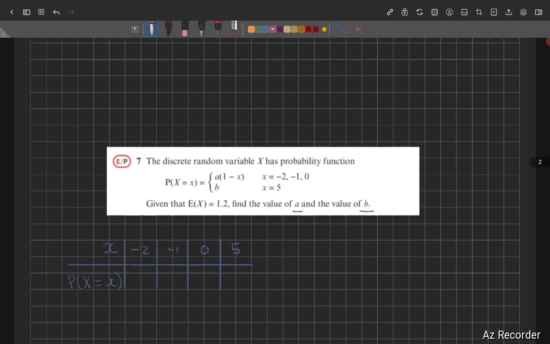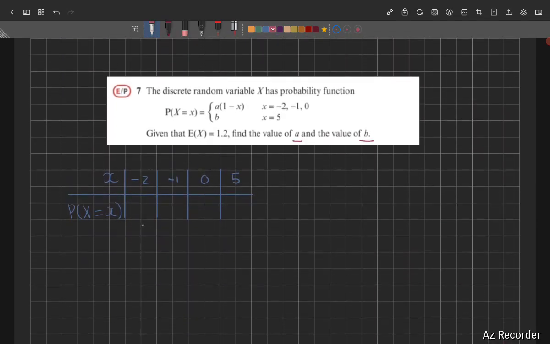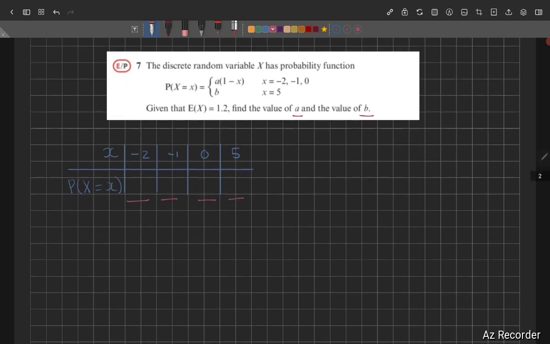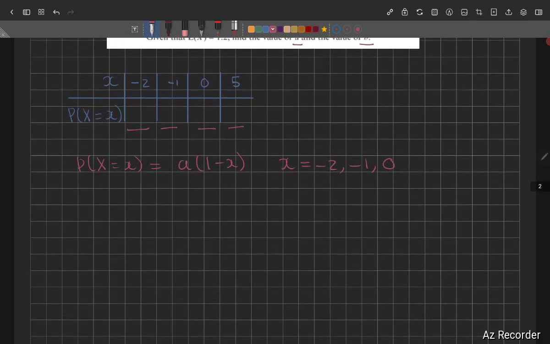Firstly, we want to lay out our probabilities. If P(X = x) is equal to a(1 - x), for the values of x equal to -2, -1 and 0, it may first help to substitute the values of x into this equation.